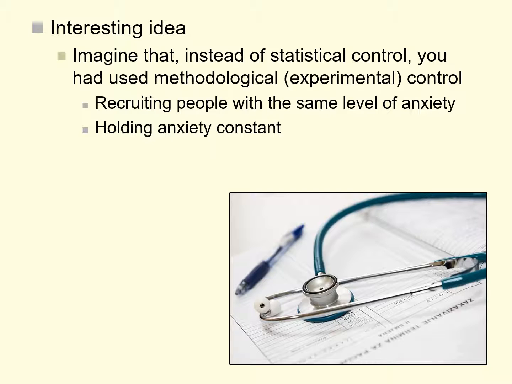So rather than measuring both anxiety and depression and allowing that each of these would tend to vary across some sort of fairly broad range and would indeed co-vary with each other, we instead only recruited people who had, let's say, a very low level of anxiety, or a very moderate level, or a very high level, just some particular fixed level. And in that way, methodologically, or we might say experimentally, we controlled or constrained anxiety, holding it constant.